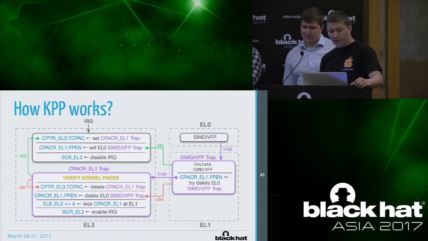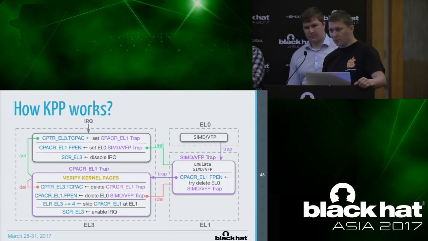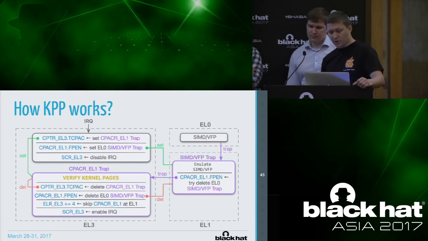This triggers another trap in exception level 3, and there the kernel checks all the hashes for the translation table, pages, and registers. Then it removes the CPACR trap, and then the SIMD floating-point trap, and finally it jumps over the CPACR instruction in EL1. Then it enables interrupts again, so the next time it will start from scratch.